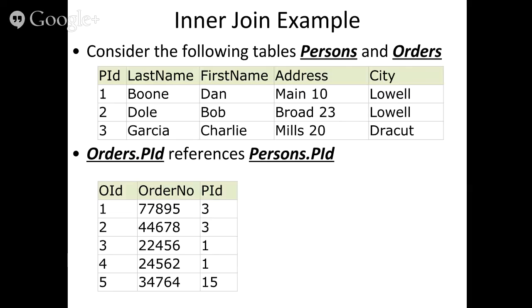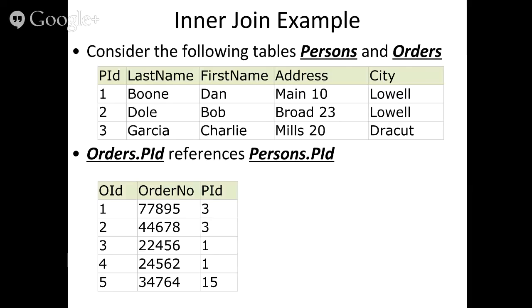Notice that there's a parent-child relationship here. The parent is the person's table, and the children are the orders. There's a one-to-many relationship between the parent, the persons, and the orders. One person has many orders. It is okay for a parent not to have children. For instance, Bob Dole has no orders. It is okay. A parent has no children.